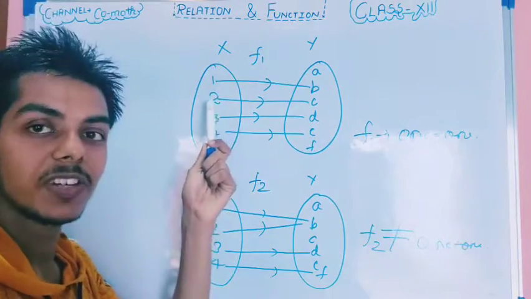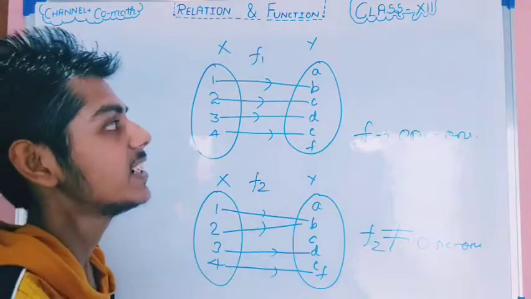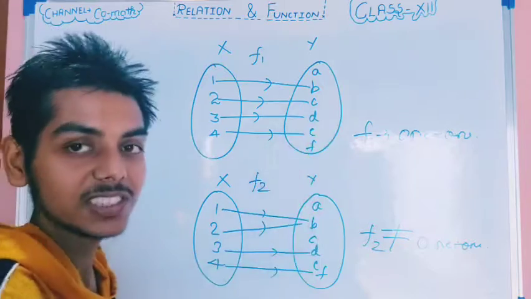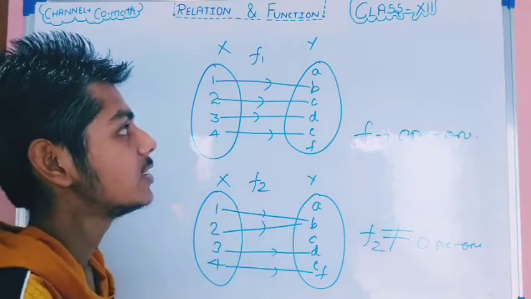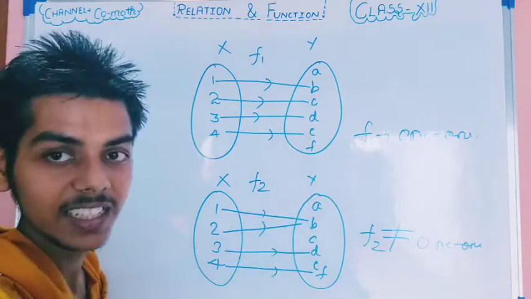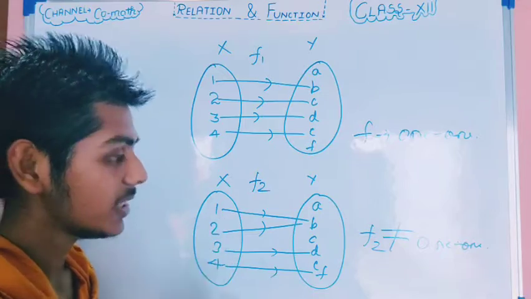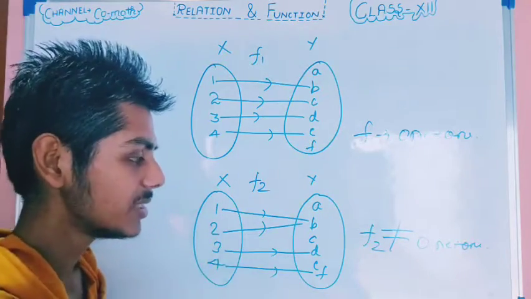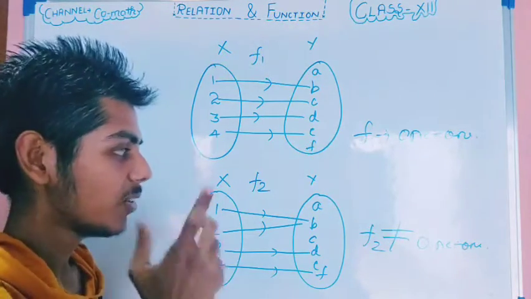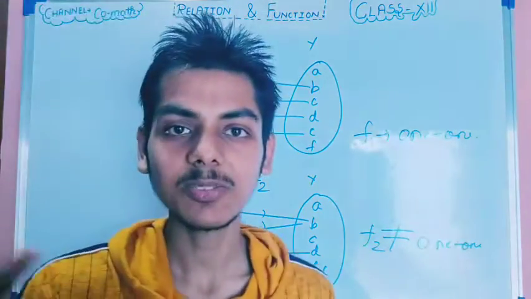For each different element in the domain, 1 2 3 4, there is a different image in the codomain y under function f1. These are b c d e. Now the function f2 is not one-one because elements 1 and 2 have the same image b in the codomain y. Hence the function f2 is not considered as one-one.